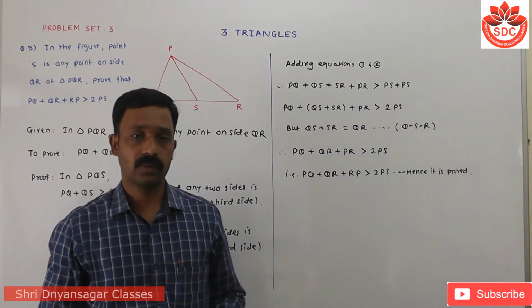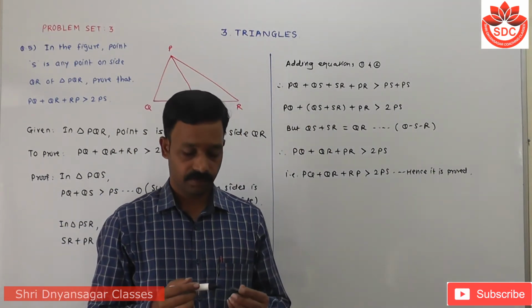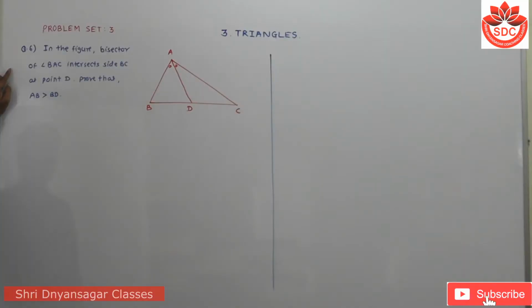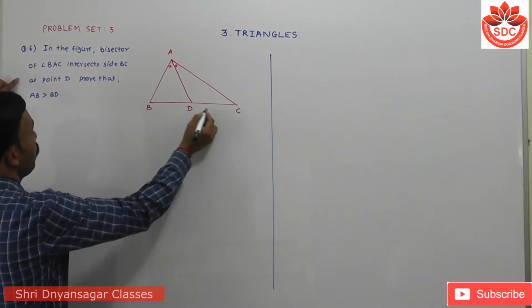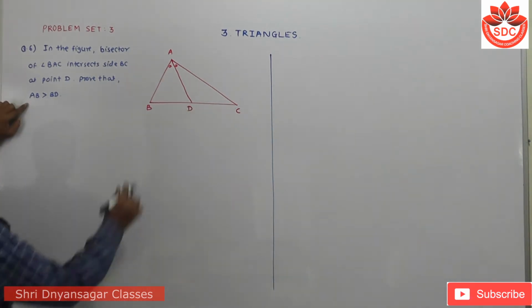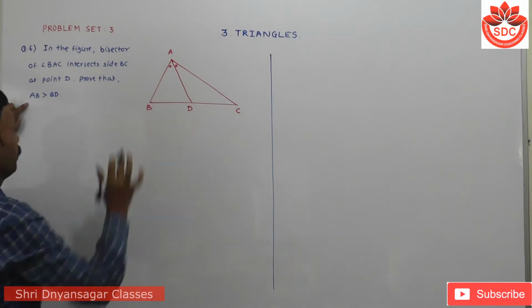Okay, we take the next question. Question number 6. In the figure, bisector of angle BAC intersects side BC at point D. Then prove that AB is greater than BD.